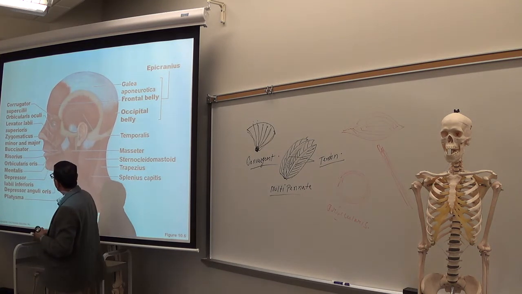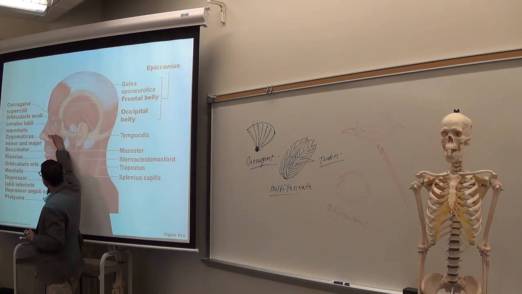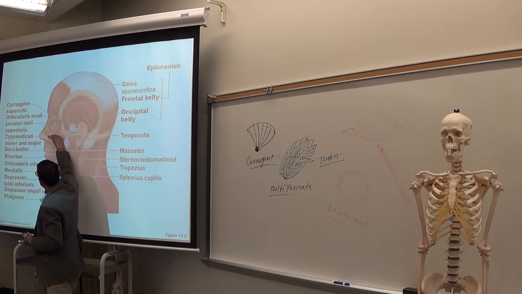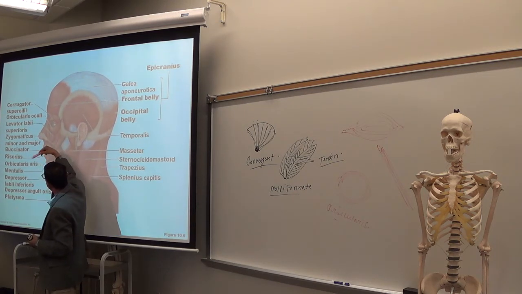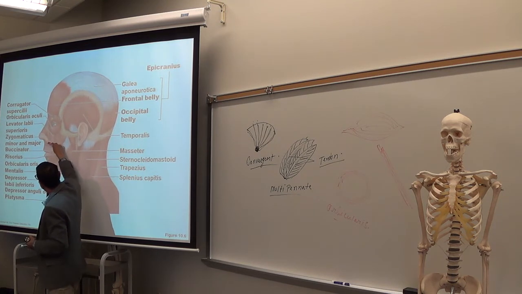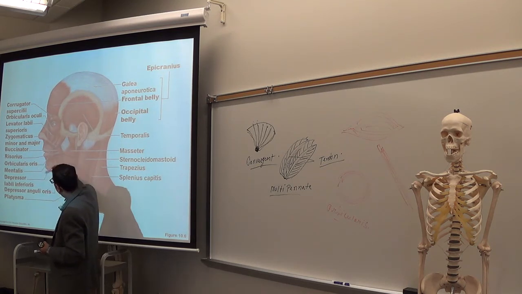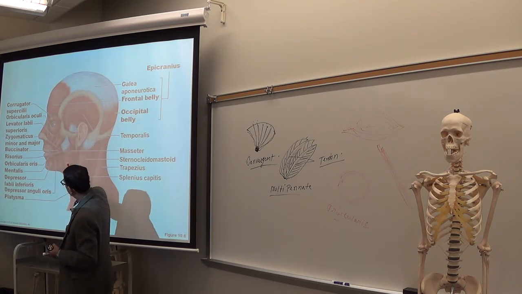Okay. Now you see here, this is levator labii superioris. It has two parts. Why called levator labii superioris? Because labii lip, superior above the lip. Okay, and it elevates the lip, moves the lip upwards.